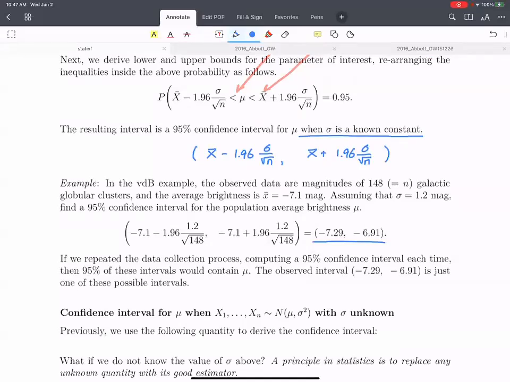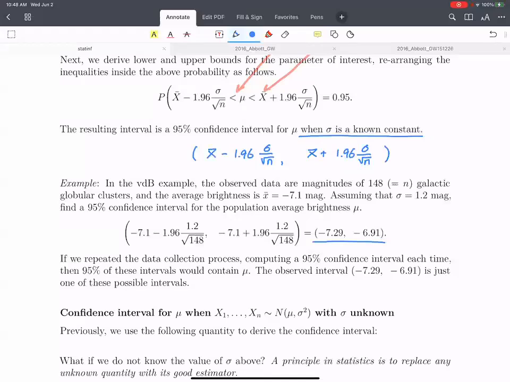The interpretation is more important, I think, for the confidence interval, because people typically think that the parameter will be inside of this interval with 95% probability. Exactly wrong. That is the interpretation of the Bayesian credible interval in Bayesian inference.